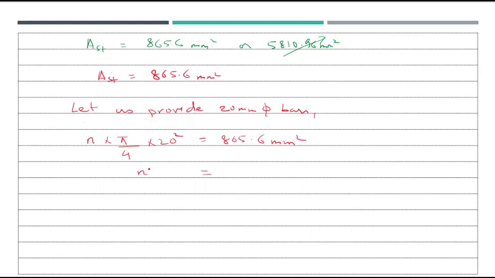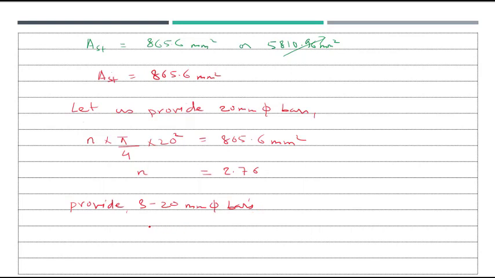Here you will get n equal to 2.76. But n cannot be a decimal, it should be a whole number. You cannot provide 2.76 bars. It has to be 3 bars. So you will write, provide 3 numbers of 20 mm dia bars.